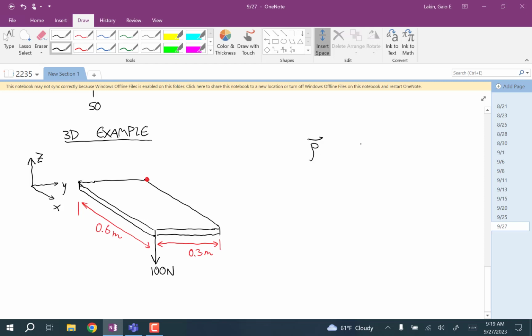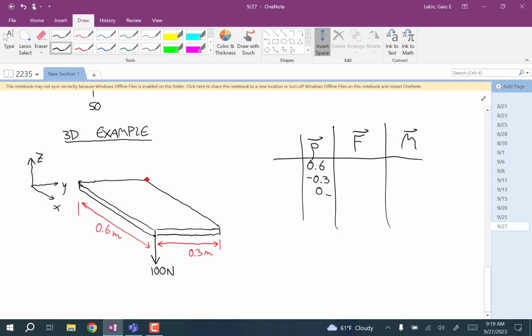Well, the way that I recommend doing your calculations is to write out this table. And so the row vector, you have to go 0.6 in the positive X, 0.3 in the negative Y, 0 in the Z. The force vector is 0, 0, negative 100.